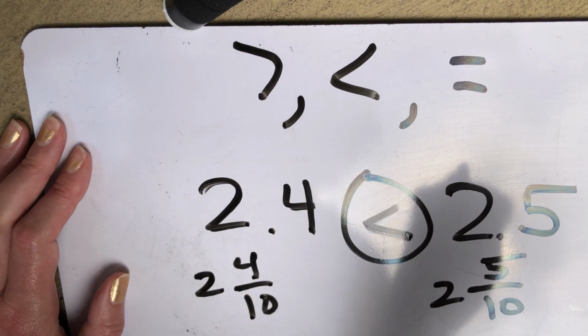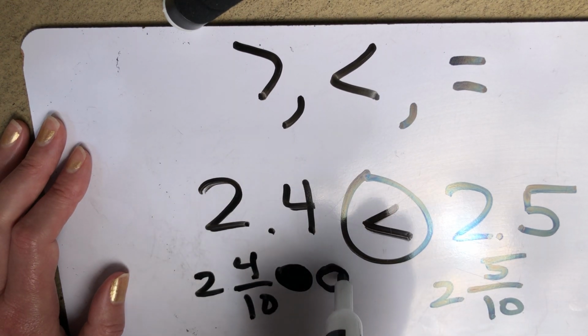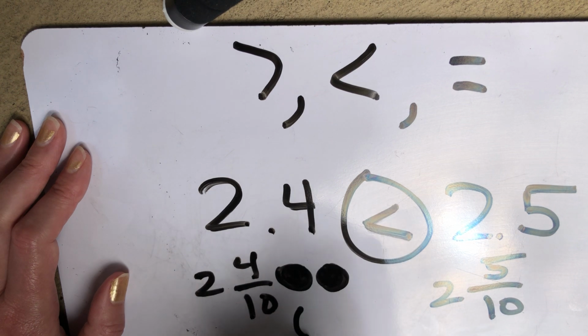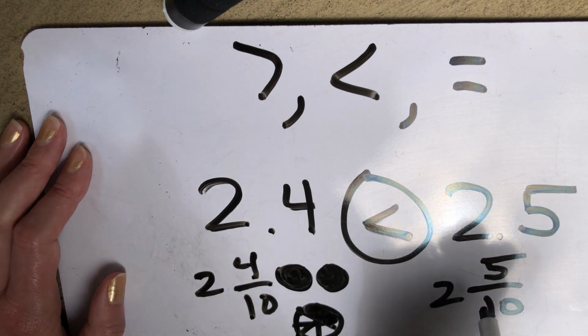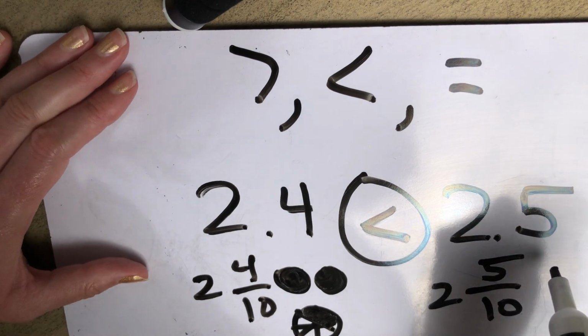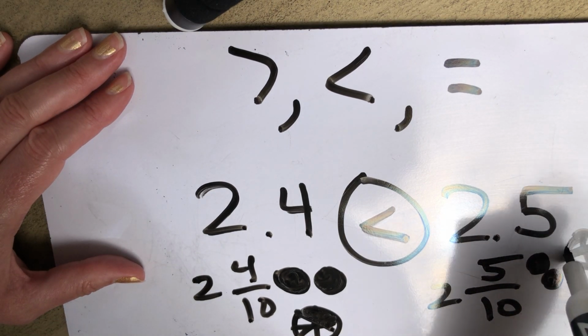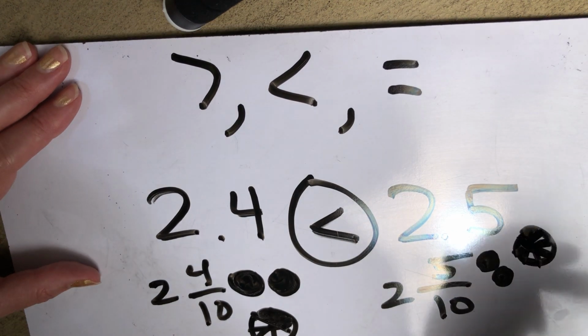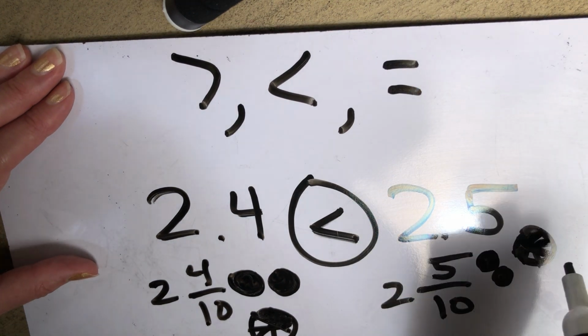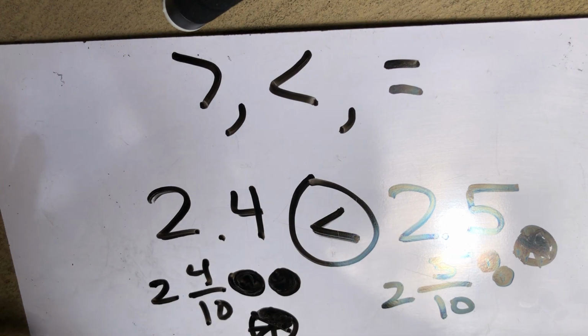It would be 2 5/10. Because this would be like you have 2 oranges, and then this would be divided into 10 parts, and you'd only have 4 shaded. And then this would be like you have 2 oranges, and then 5/10. Your last orange would be divided into 10 parts, and 5 would be shaded, so that would be a half. So this one would be more.